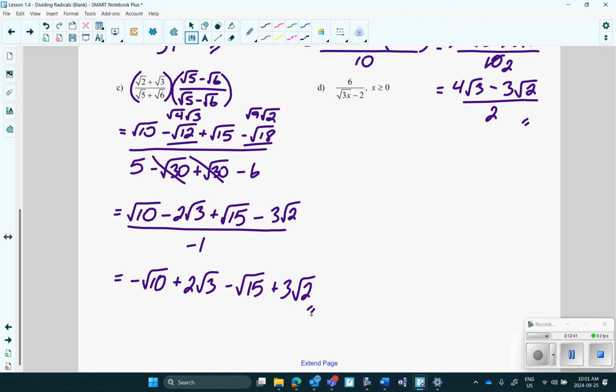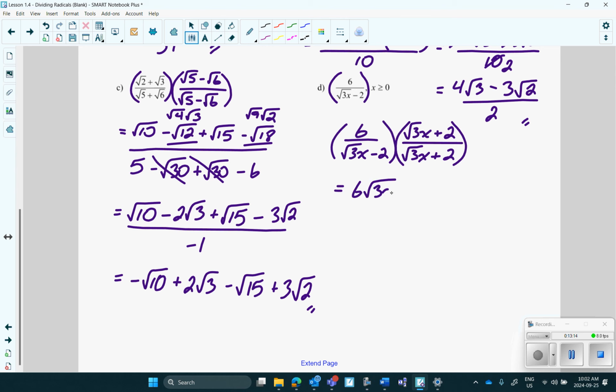Finally, we've got one that's got a variable in it. Well, what am I going to multiply the top and bottom of this one by? Root 3x plus 2, right, the opposite sign. So 6 times root 3x is just 6 root 3x, plus 6 times 2 is 12.